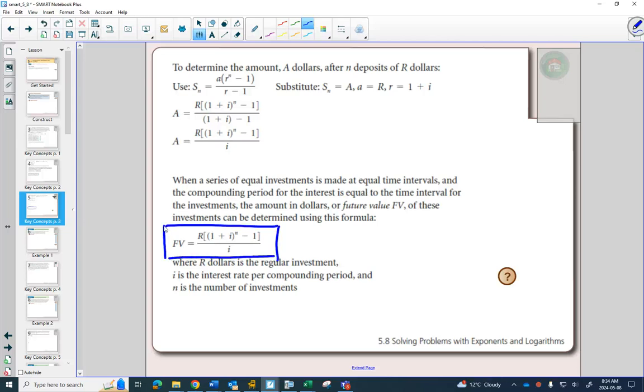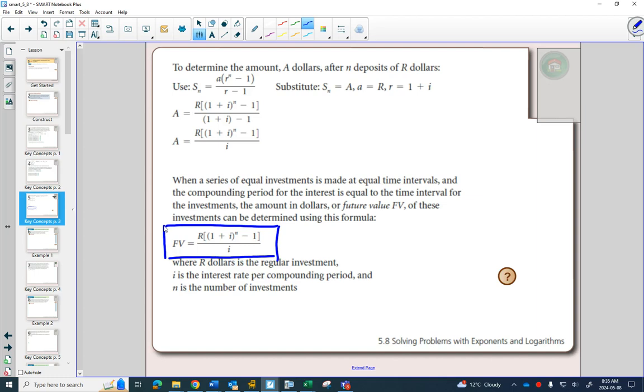Formula, it is on page 431. And what this formula is going to look at is how much money you would have in an investment if you decided right now you wanted to save up for something.